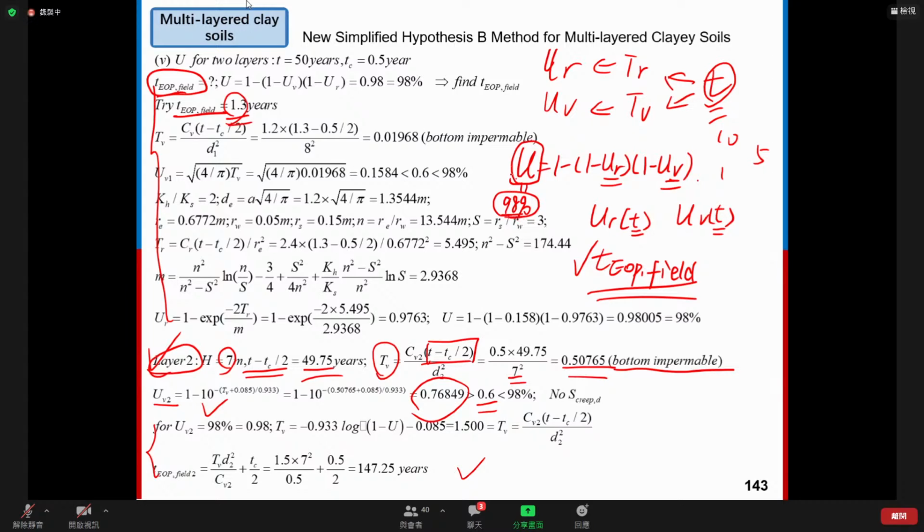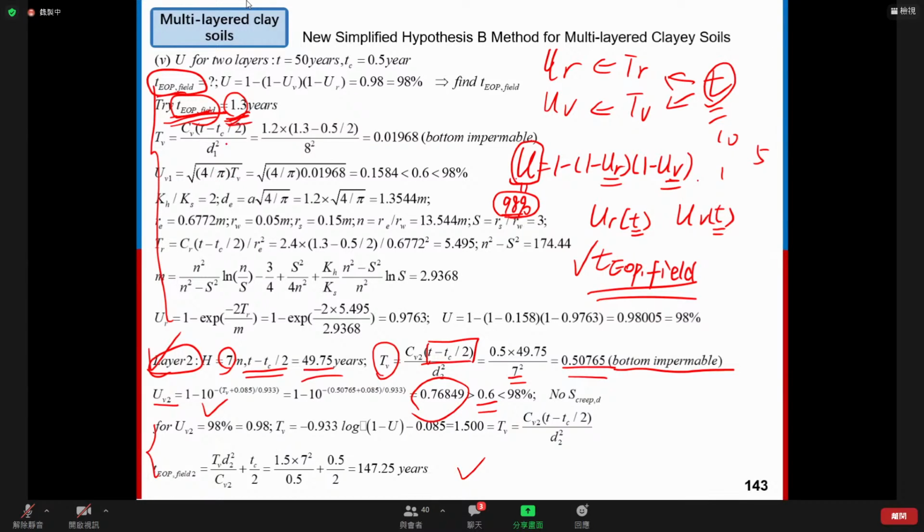Normally in your final examination, this value will possibly be given in the question, normal routine. So you don't have to spend much more time on trial and error.